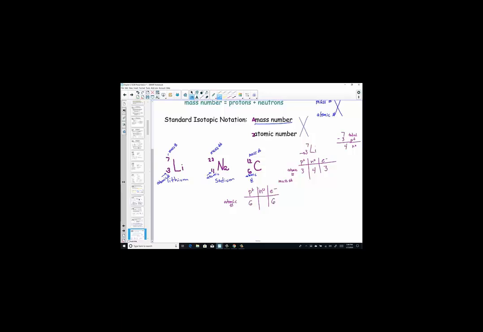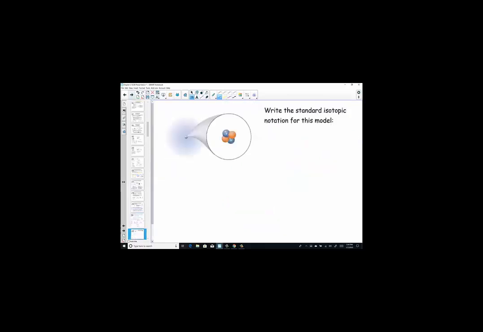The positive protons must be electrically balanced by the 6 electrons. And if the total mass of the carbon atom weighs 12, and 6 of those 12 units have already been accounted for by the number of protons, the remaining particles contributing to the weight must tell us that there's also 6 neutrons. So between the mass number and atomic number, we can easily find how many of each particle there are.